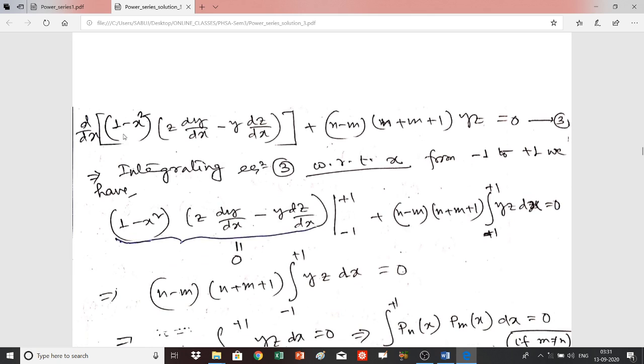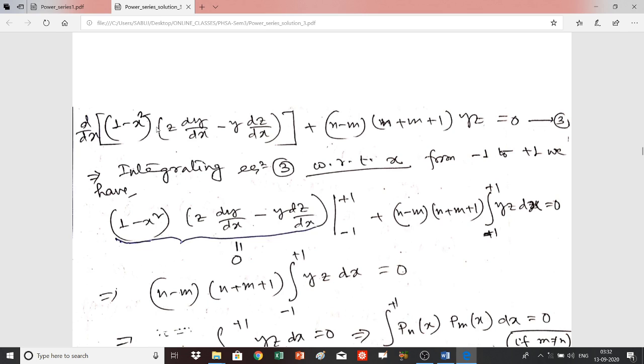We get the integral of d of (1 minus x squared) times (z dy/dx minus y dz/dx), plus the integral of n minus m into n plus m plus 1 into yz dx.